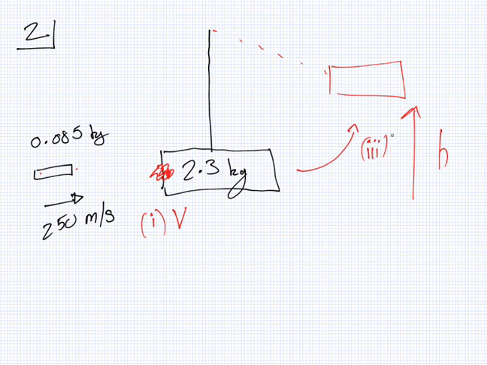What's this 10.1 here? That's the mass of the bullet and the block together. So in this example, that would be 2.3 plus 0.085. So you should use that number. So if you use this, then it's fine, yeah? Okay. So I'll go to the next one then, number 3.